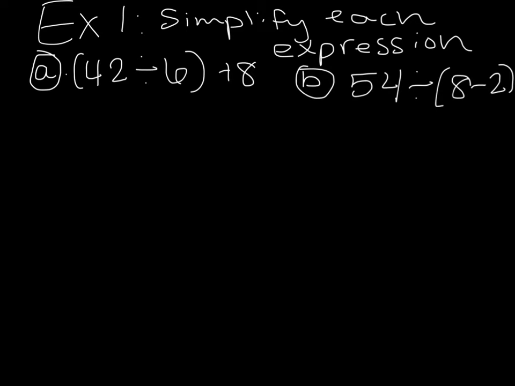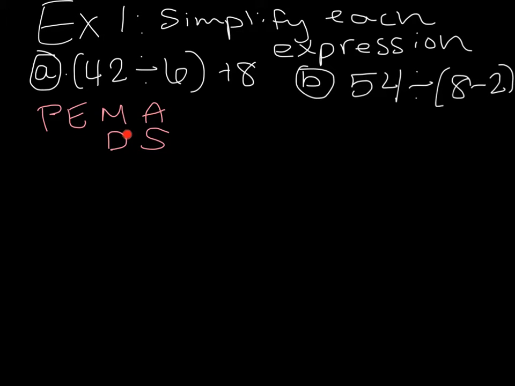So if we're looking at A, I'm going to start by reminding myself of PEMDAS. I like to write PEMDAS a little bit differently than you might have seen before. We've got parentheses for the P. Then we're going to look at any exponents that exist.